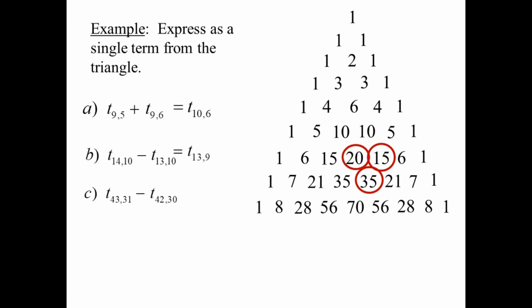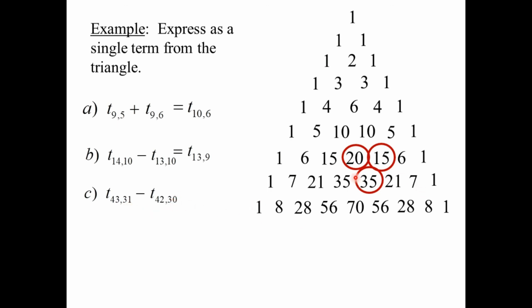And let's try another one. T sub 43, 31 minus T sub 42, 30. Observe what we're doing. We're subtracting something from the previous row. This is row 43, and this is row 42. So we're subtracting something from the previous row that has one less term number. Term 31, and we're subtracting term 30.